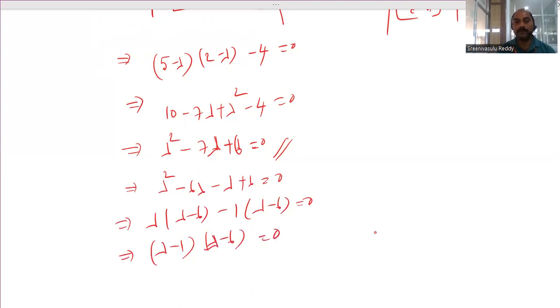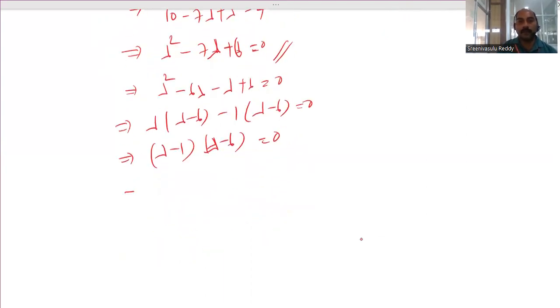The product of two numbers is 0 only when any one of the numbers is 0. So that implies lambda 1 equal to 1 or lambda equal to 6.